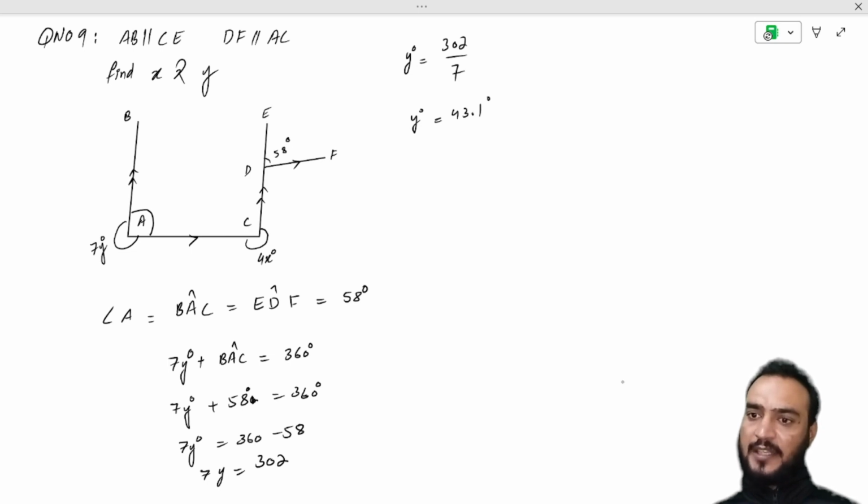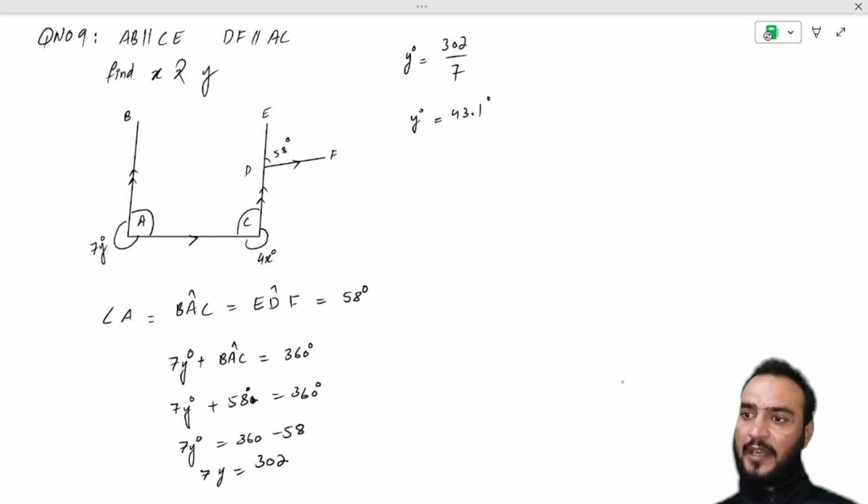And next we will solve for 4x degrees. The value of 4x degrees can be found if we find the angle at C. As you see, the angle at point A and the angle at point C are two interior angles, because they are the angles inside the two parallel lines AB and CE. So the sum of these two angles is equal to 180 degrees.